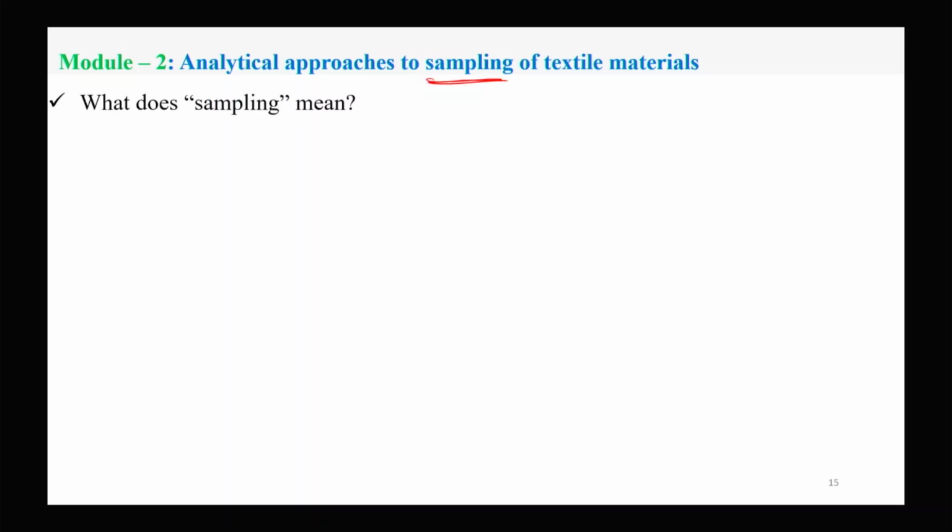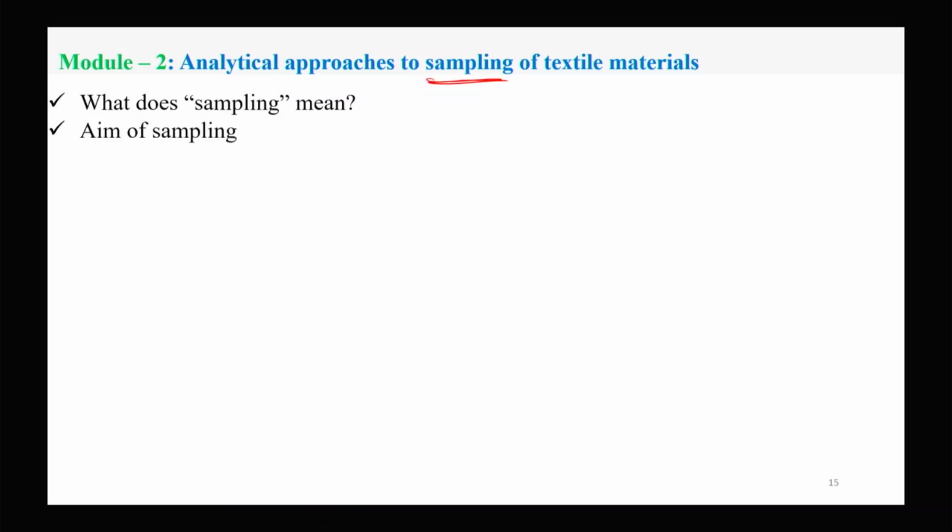So first we will discuss the meaning of sampling. Basically, sample means the small portion of the population. So why do you need this sample, and everything we will discuss in this module.